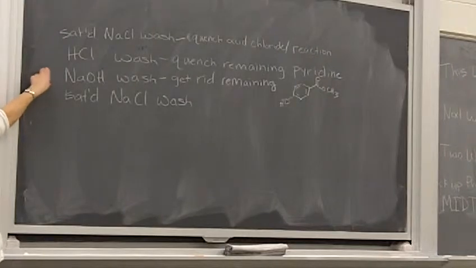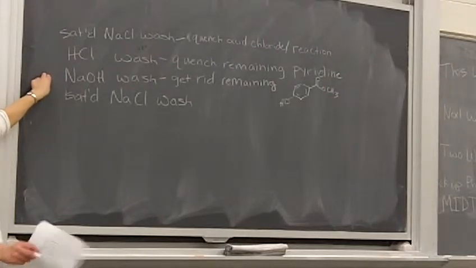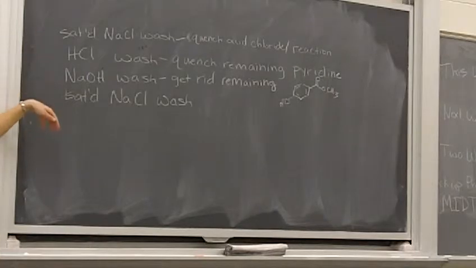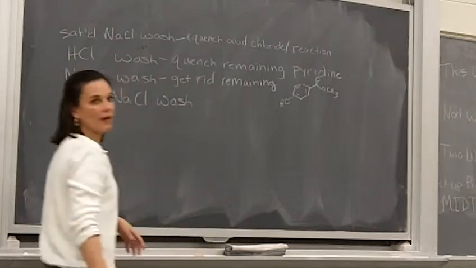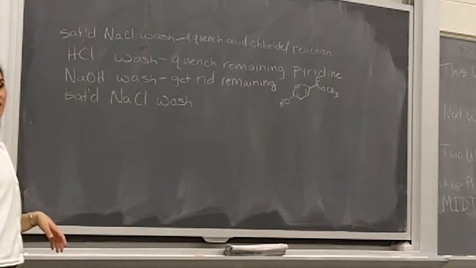When you're ready to do the wash, add the sodium hydroxide, shake and vent a few times, and then quickly drain away that aqueous layer and get it away from the organic layer. We want it to mix together enough to get rid of our starting material, but we don't want it doing anything to your esters that you formed, okay?